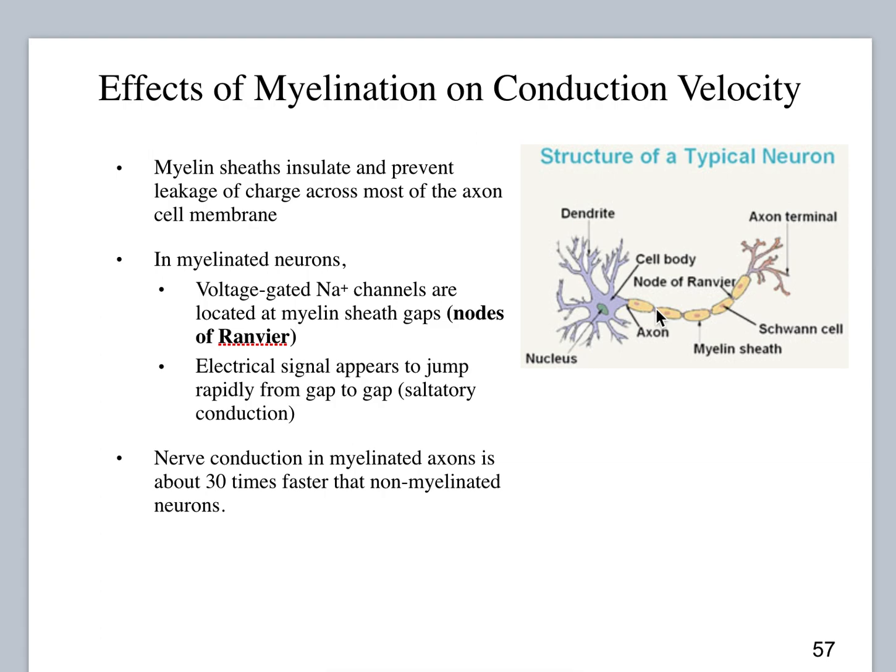These are just waiting to open up to let the sodium inside, and so the action potential seems to skip from one node to the next because it's not able to leak out through the myelin sheaths, since that's such a good insulator. So it's like it bounces from one node to the next, and that increases the speed significantly. Like the animation showed, it can go up to 100 meters per second with myelination, compared to 1 or 2 meters per second without myelination.